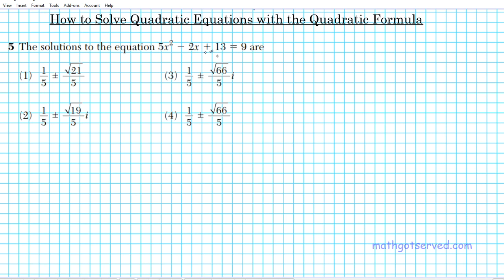You're going to run into complications, because if you look at the options, there are square roots involved. That should automatically tell you that you cannot solve this equation by factoring.